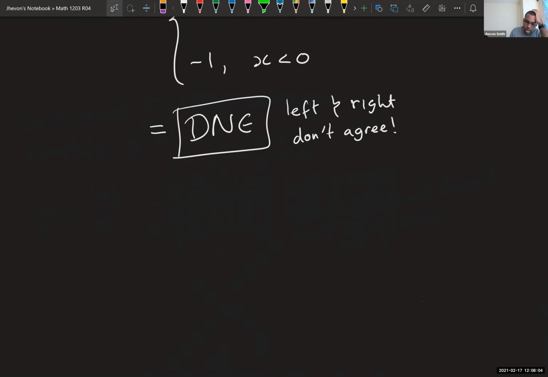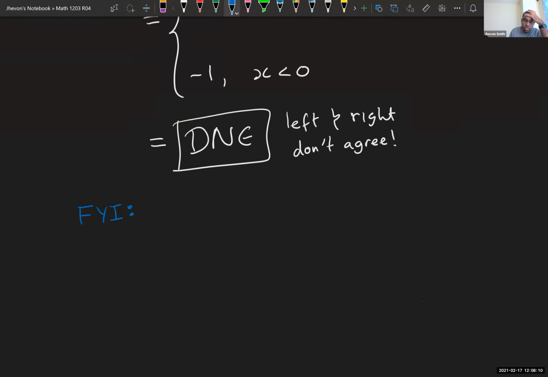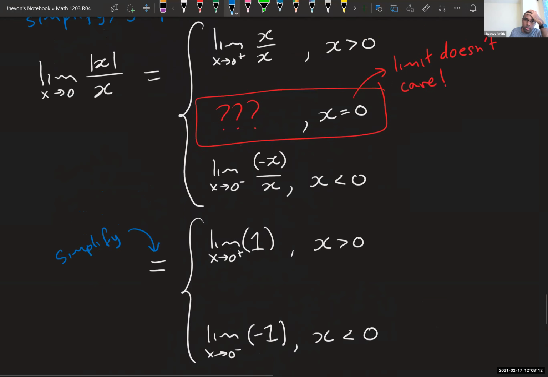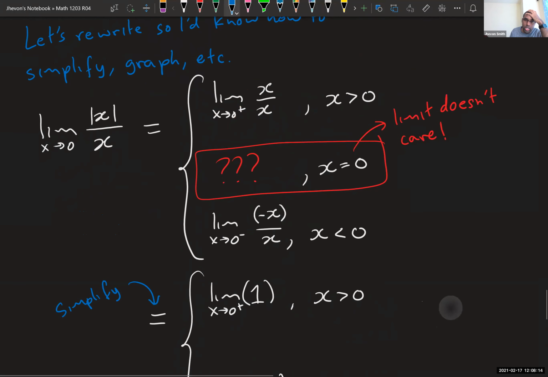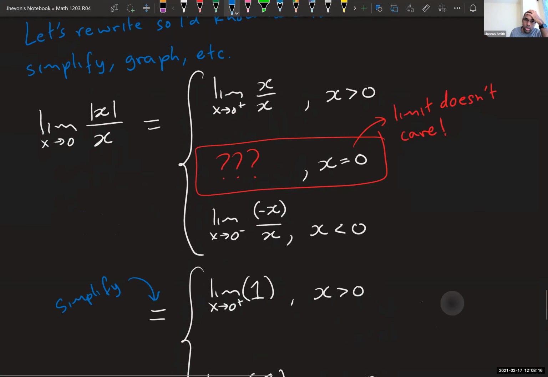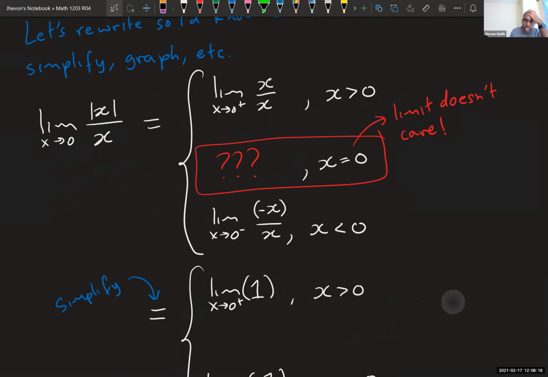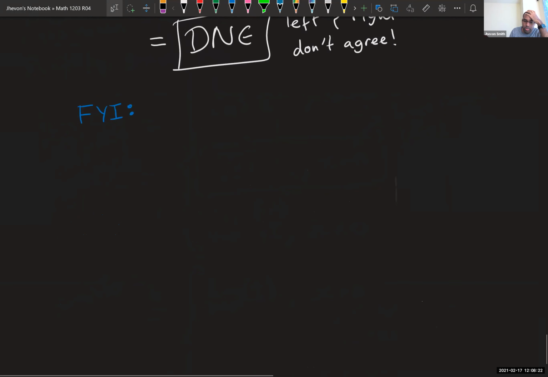So, FYI, if for some reason it was difficult for you to know that's how you would handle the calculations, you could graph this relatively easy as well, just by once you realize what the absolute value is.